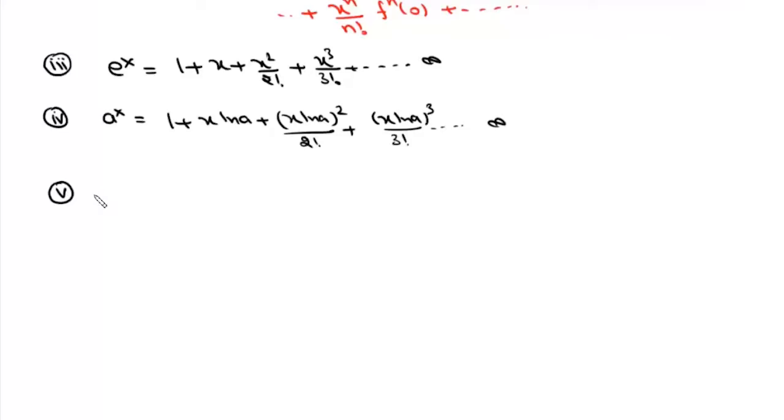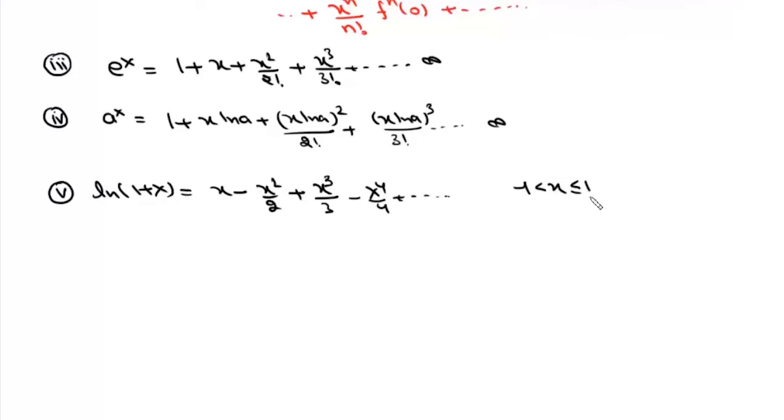Fifth expansion is the expansion of log(1 plus x). Now this is x minus x square upon 2 plus x cube upon 3 minus x to the power 4 upon 4, if x lies between minus 1 and 1. Then we have the expansion formula for sin x.